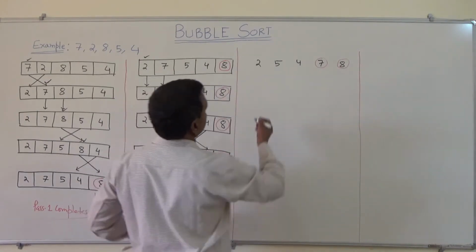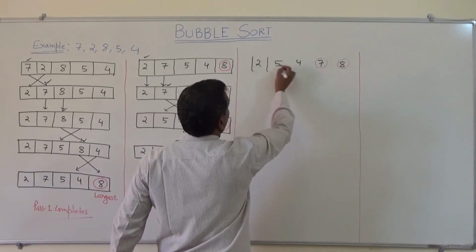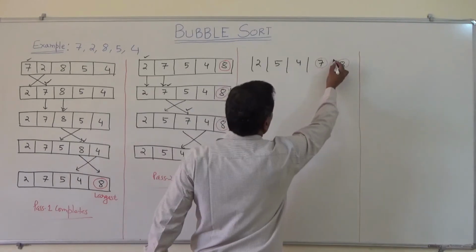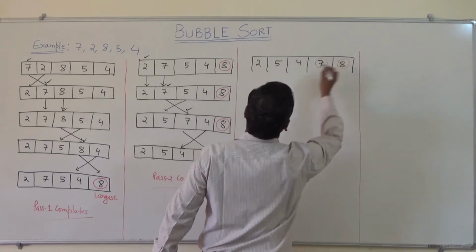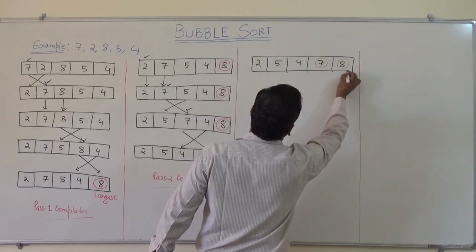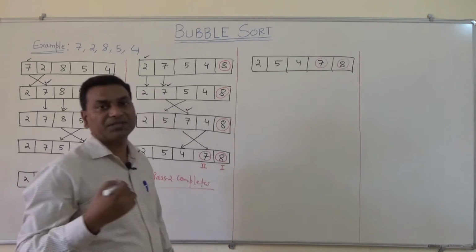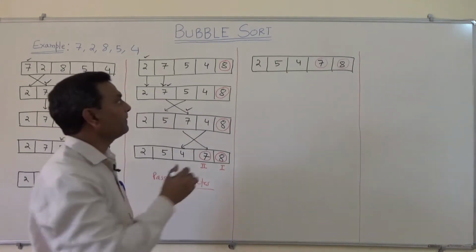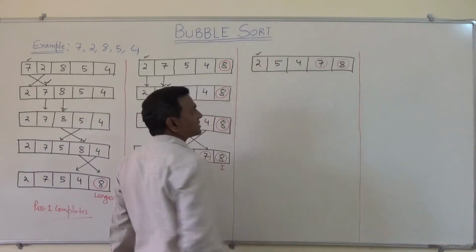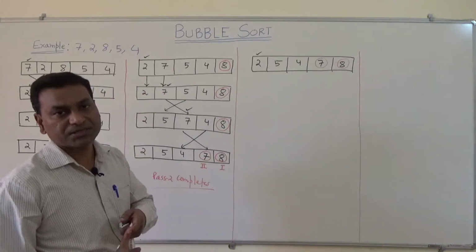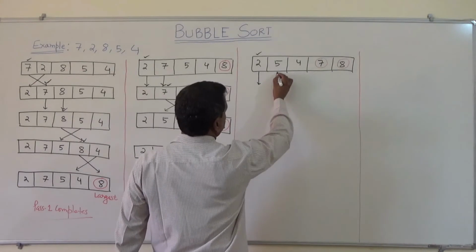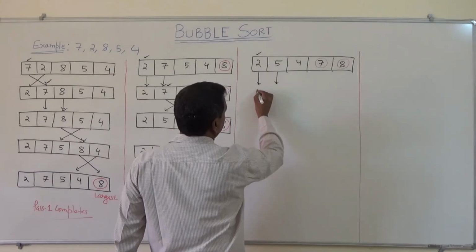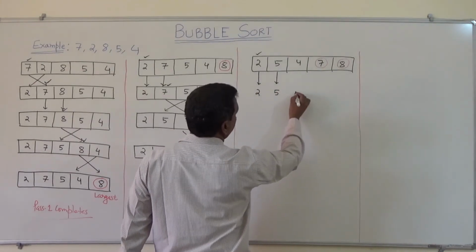Now we will compare the first element with the second one. We will compare 2 with 5, but 2 is less than 5, therefore there will be no change. It remains as such, there will be no change of positions of 2 and 5.